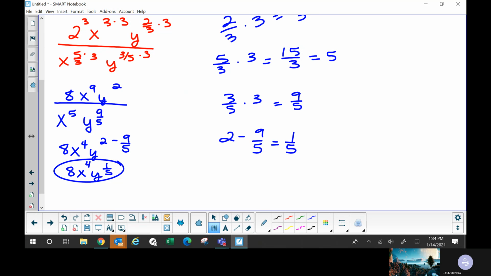So in this step, on the top part of the fraction, you have y squared. On the bottom part, you should have y to the 9/5. You subtract that. You're going to do 2 minus 9/5. That gives you 1/5. I'm with you. All right. Okay.